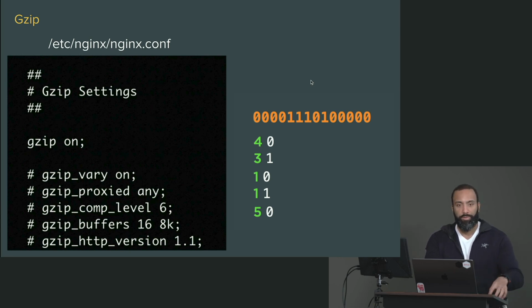A compression algorithm will say, hey, you've got this line of code or this file. How about we just describe it as 4 zeros, and then 3 ones, and then 1 zero, then 1 one, and then 5 zeros. And you do that over and over and over again. It turns out you have this giant megabyte or gigabyte file, and you can compress it down to a few megabytes just by describing it differently. And that's how a compression algorithm works.